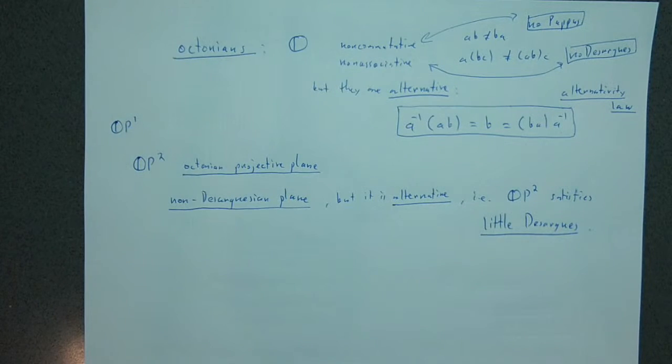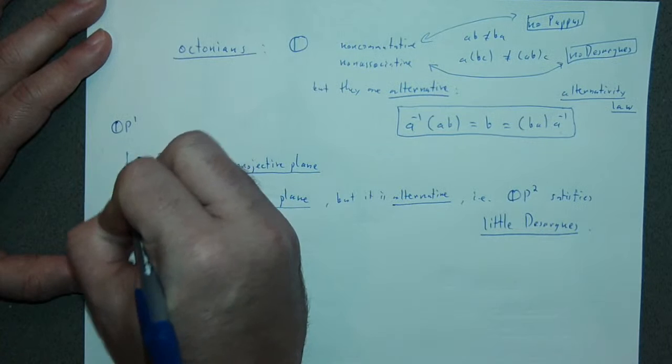So it is an example of a projective plane that is non-Desarguian. It doesn't satisfy the Desargues theorem, doesn't satisfy the Pappus theorem, but it does satisfy little Desargues, and that gives you alternativity. Okay, so the multiplication is alternative.